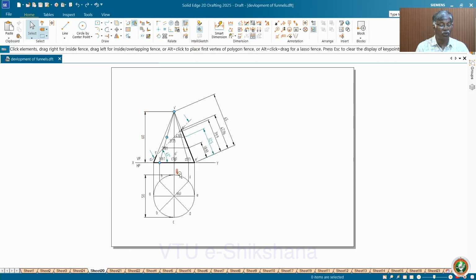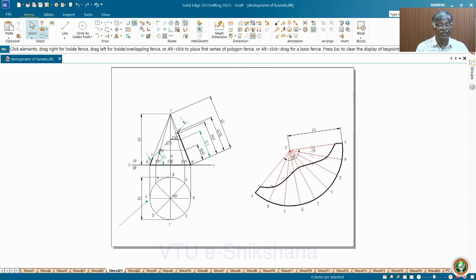Now, if it is the truncated cone, frustum of cone is easy. Truncated cone, how to do it? Again, you have to divide it into number of parts and then project onto the base. Get the imaginary, wherever it intersects, you get the corresponding true lengths. After getting true lengths, you know how to draw the development. So you take on the respective generators, cutting points here, intersection points.